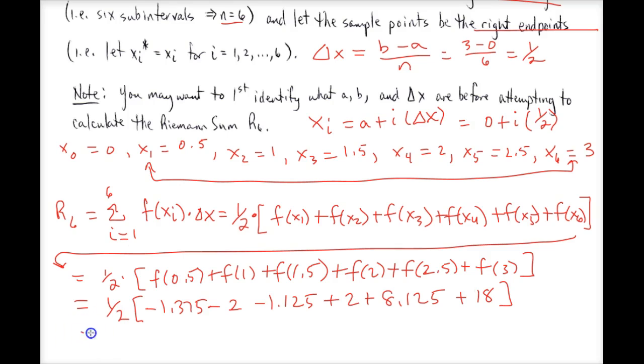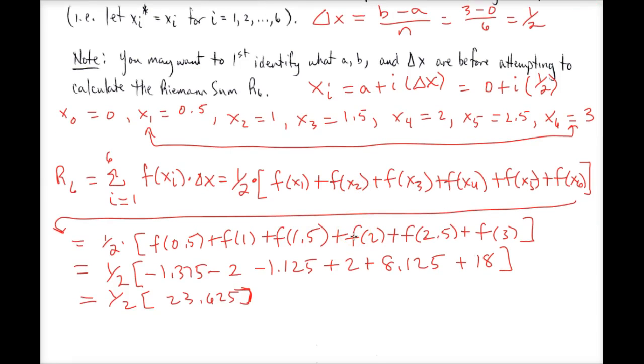All right, so if we add up all those numbers there, we get 23.625. And of course, if we take half of that, then that's going to be 11.8125. And for those of you that are wondering, in fraction form, that would be 189 divided by 16. And that's what you would get if you did it all by hand and didn't use the calculator.